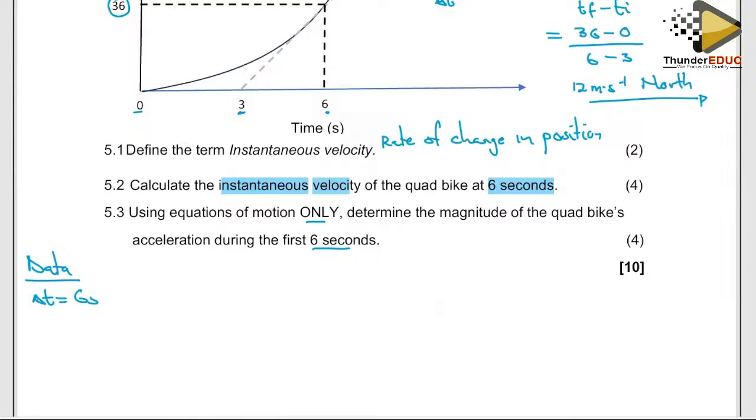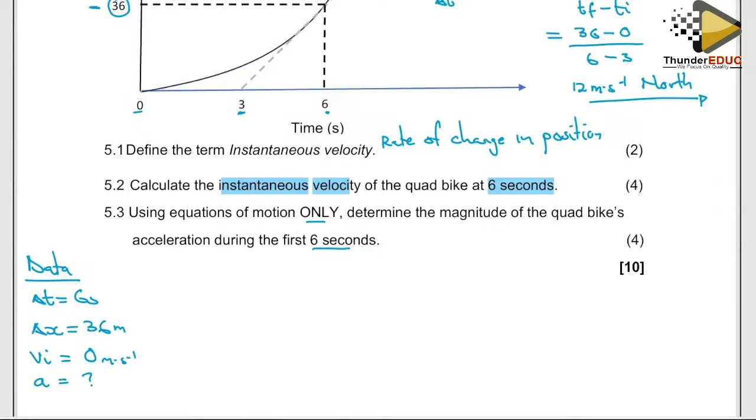My delta x is the displacement, which is 36 meters. Then I also have my initial velocity, my Vi. I started at 0, so 0 meters per second. Then I also have my acceleration, which they are asking for, so my acceleration is unknown, right?